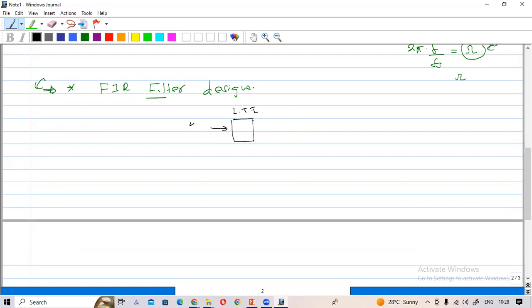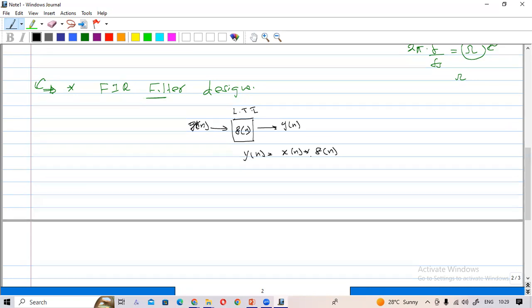If you give a time domain input x(n), you will have an output y(n), and the impulse response of the system is, let's say, h(n). So the output is equal to the input x(n) convolved with h(n). This is the convolution. So you have to perform the linear convolution or circular convolution to evaluate y(n), if you know x(n) and h(n).